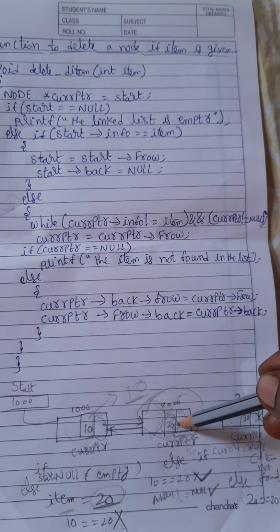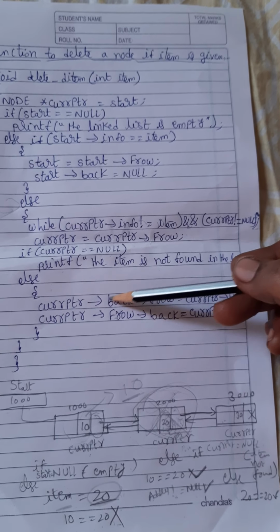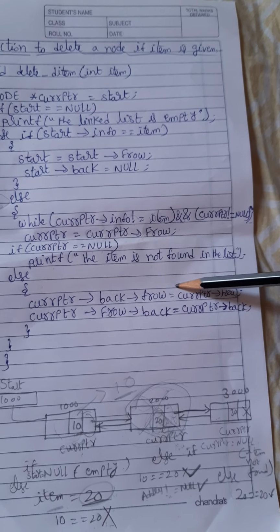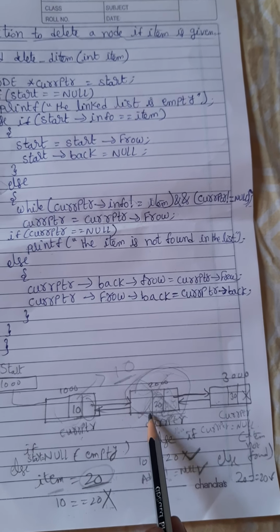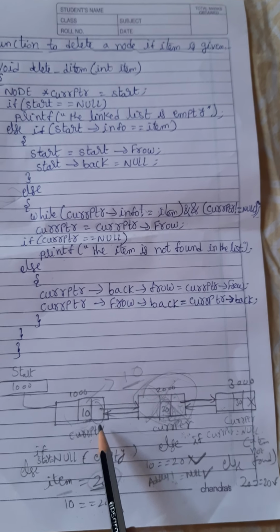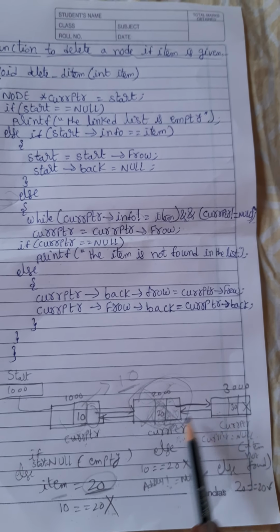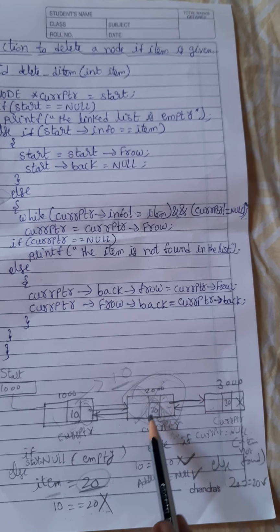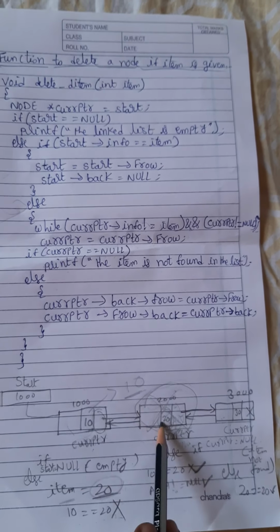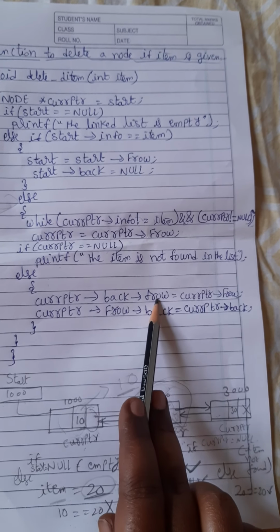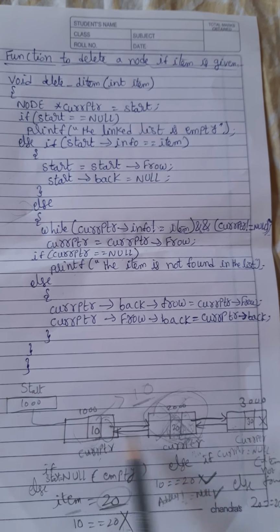After deleting this node, current pointer to back to fro equal to current pointer to fro. Here this node has been deleted, and we have to link the first node to the next node. The node next to the deleted node has to come to the deleted place, so current pointer to back to fro equal to current pointer to fro.